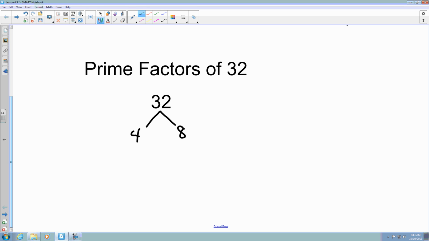I look at those two and identify if they are prime numbers. They are not, so I can go further. I can go 2 times 2, here I can go 2 times 4, and here again 2 times 2, until I have prime numbers at the end of each of my branches.